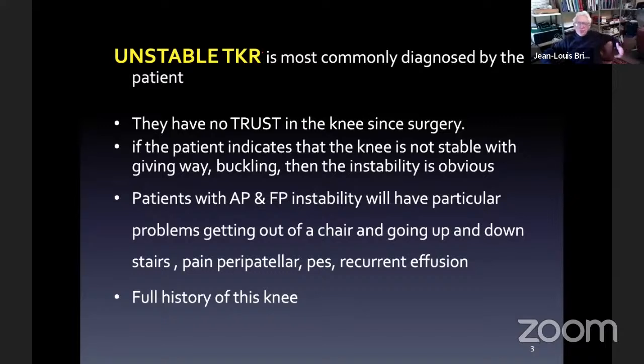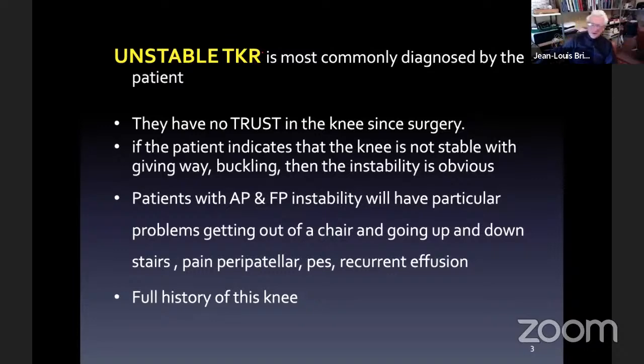He has had no trust in the knee since surgery and complains of giving way, buckling. So instability is obvious, but there are less obvious instabilities which give trouble when getting out of a chair and on the stairs. And very frequently they have recurrent dislocation.